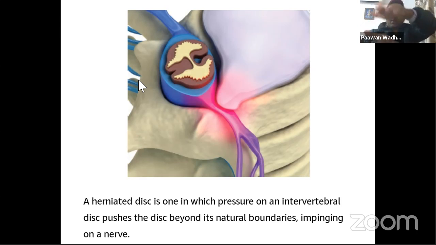Then your discs are farther away from each other. But when you are not aligned and the spine starts compressing, the disc gets compressed and bulges out from places and compresses the nerves exiting from that place, and the sciatica pain develops.